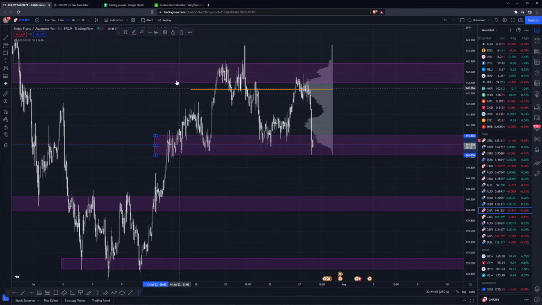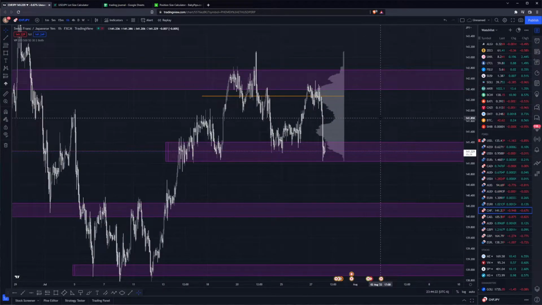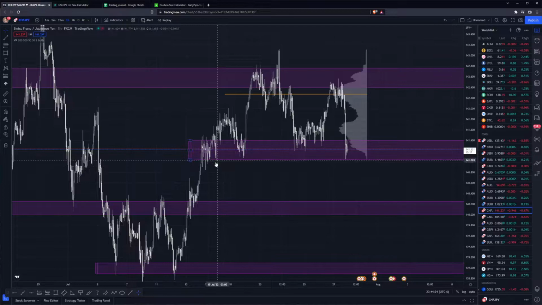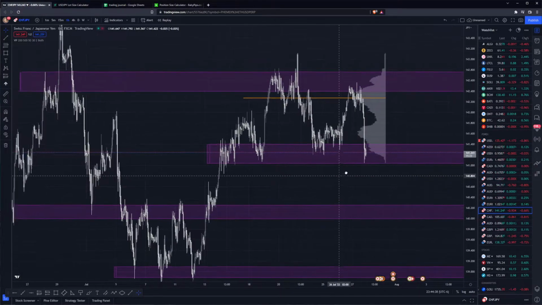And I try to keep them roughly the same size, not too big. But I do like to grab as many validation points as possible, meaning just as many touches from the price action, so it makes a little more sense.